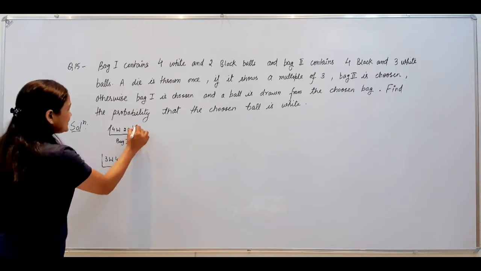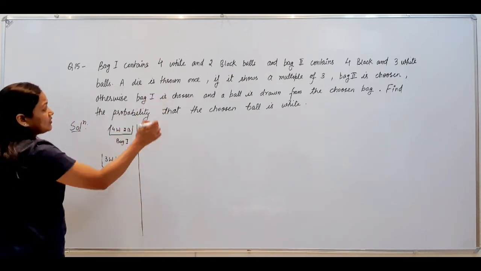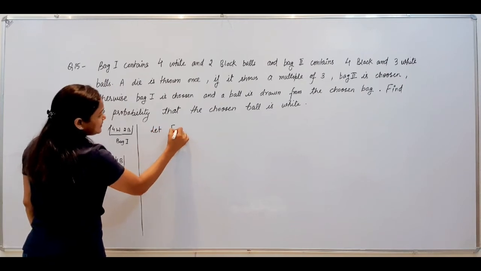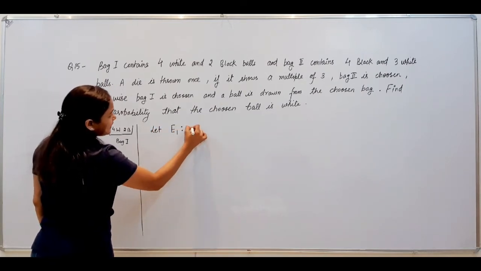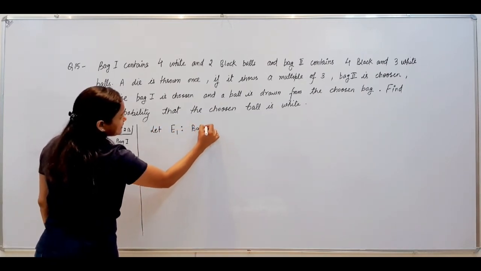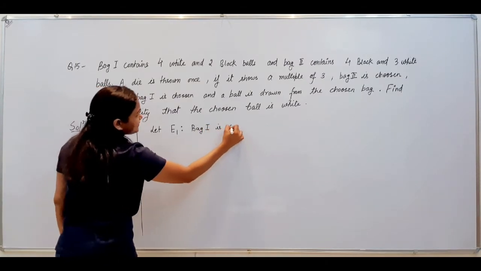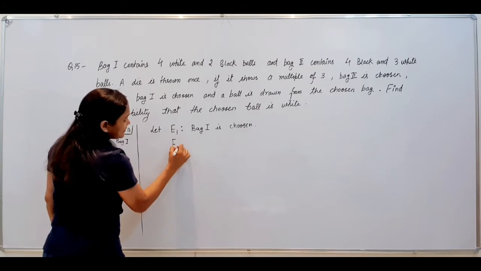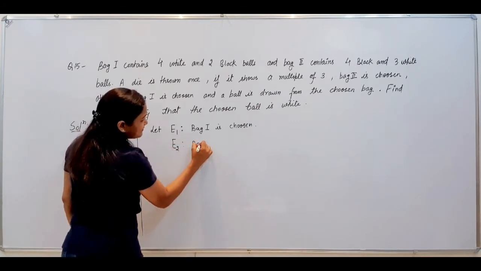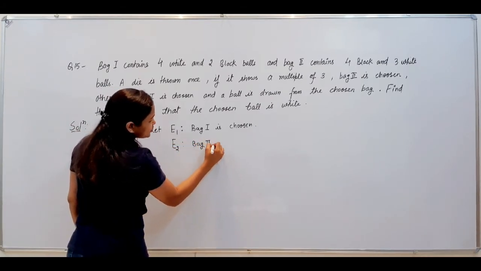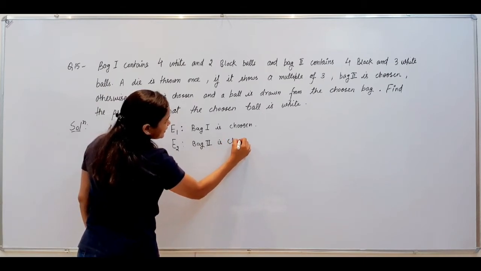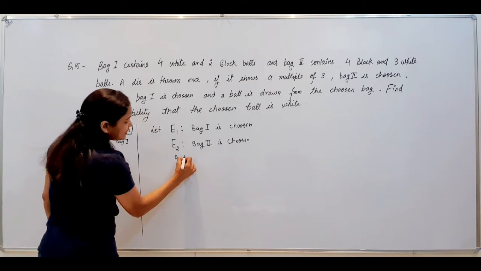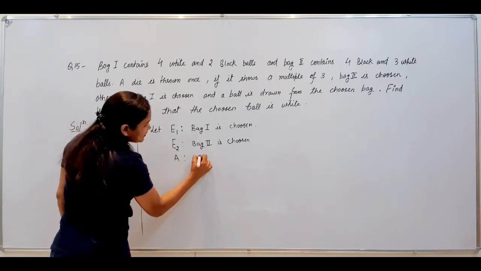Now let us make the partition on the bag chosen. Let E1 be the event that bag 1 is chosen. Let E2 be the event that bag 2 is chosen. Now you have to finally draw a white ball. So your final event is white ball is drawn.